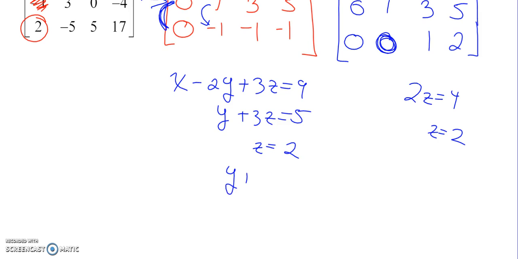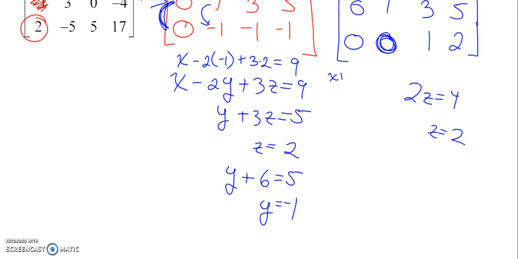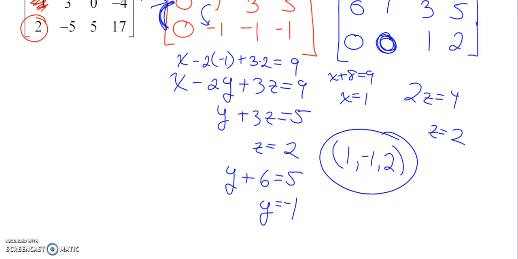It would be y plus 6 equals 5, so y would equal negative 1. Now I can substitute it right into this top equation. x minus 2 times negative 1 plus 3 times 2 equals 9. So that's going to be x plus 8 equals 9, so x equals 1. 1, negative 1, 2 would be the solution to this matrix.